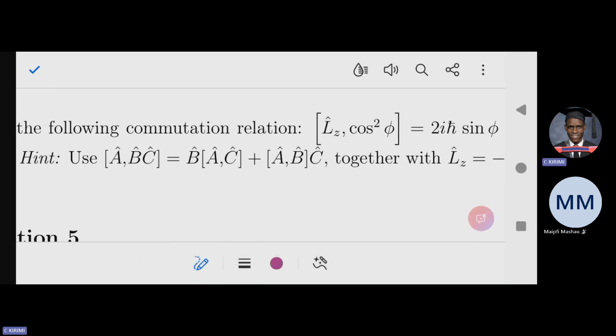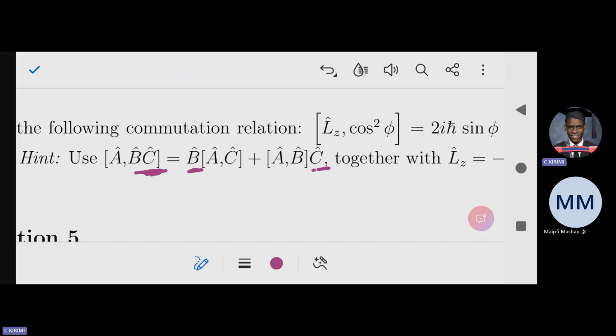Whenever you see the comma in between, that is what we say commutes. When A commutes with BC, remember B is sitting on the left of C, so when you take B outside, it must be on the left, and A commutes with C. When you take C, it must sit on the right-hand side of B. I'm repeating again.